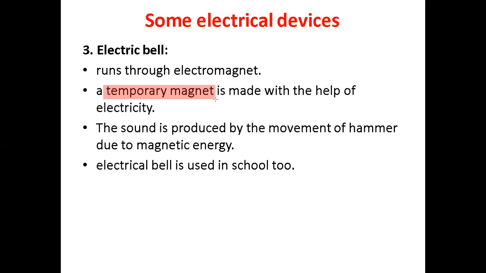When the switch is off, the magnet is not formed, only the iron is there, and it does not attract the hammer and does not ring the bell. This type of magnet is called an electromagnet. That means a magnet induced by electricity is called an electromagnet.